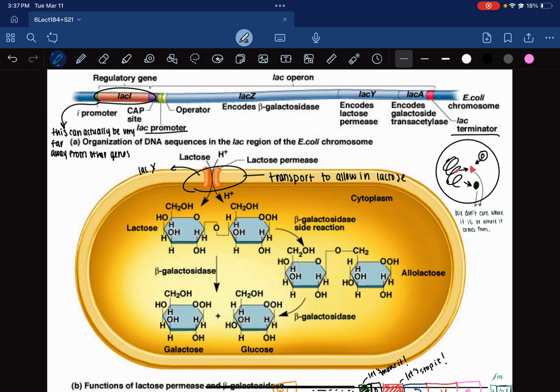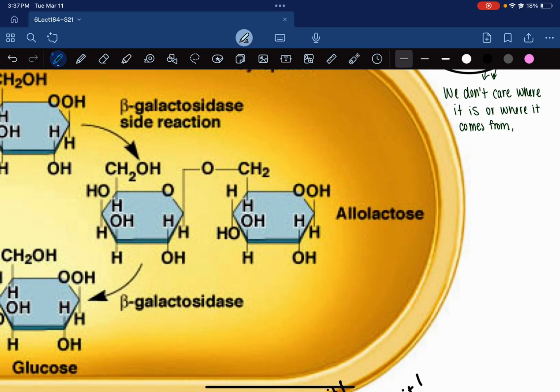Now, this is an alternative formation, a side reaction, as it's called. It makes only a little bit of this. That's not its primary goal, but it makes a little bit of this, and it'll break down this. So when it makes this structure right here, we call it allolactose. Now, the really critical thing about that word: what did I say allo means?